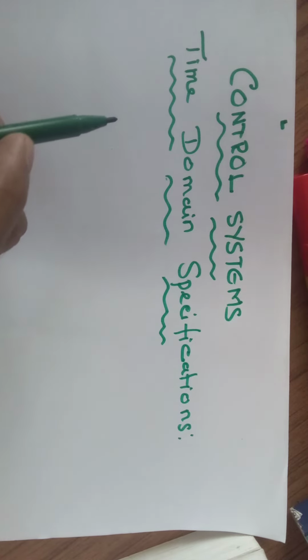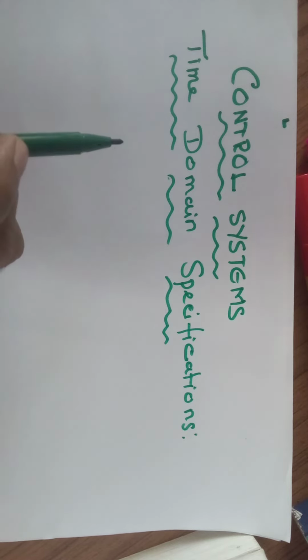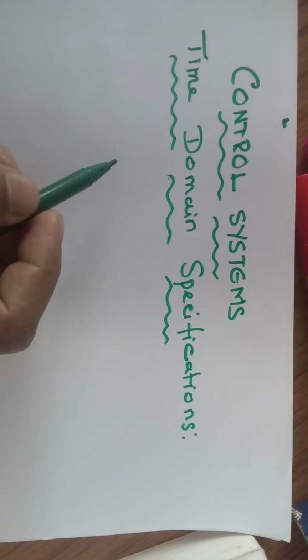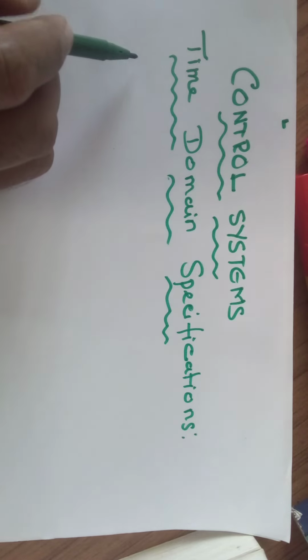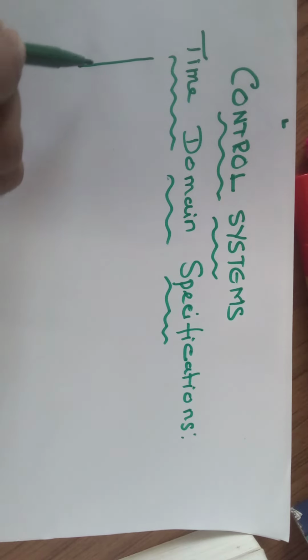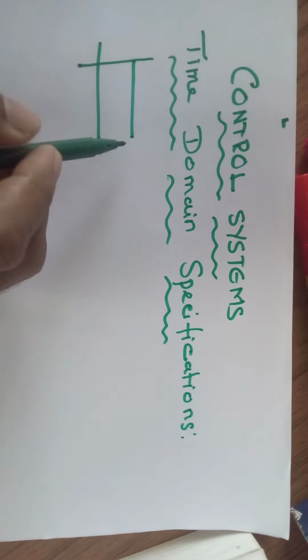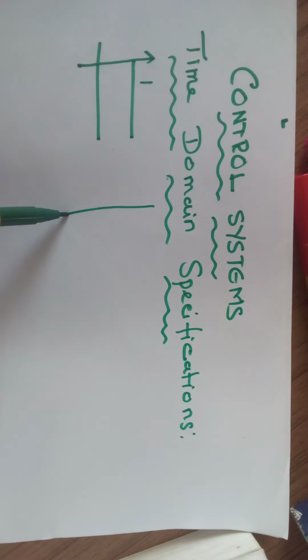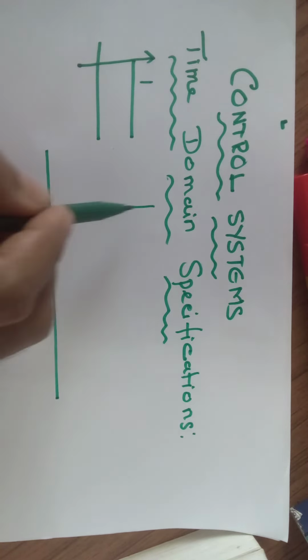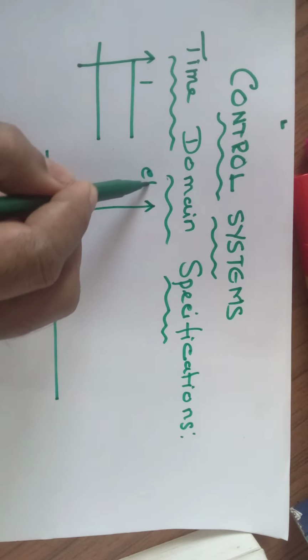So we will be considering the unit step as the input signal to find the performance characteristics of such a system. Just to see an example, here you have the input signal, the unit step signal, whose amplitude is 1. This produces a time response like this, which is your output C of t.